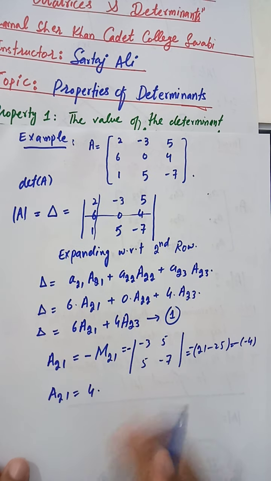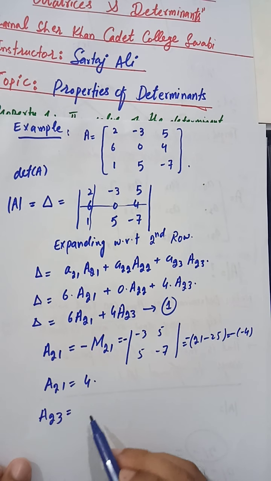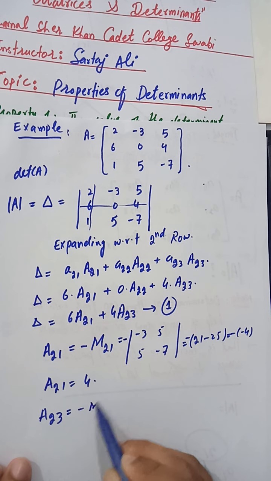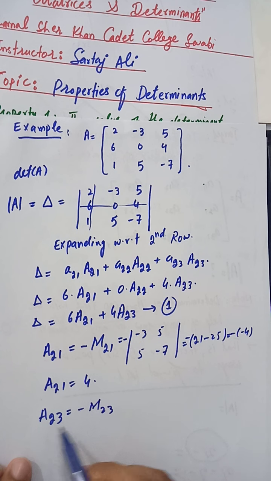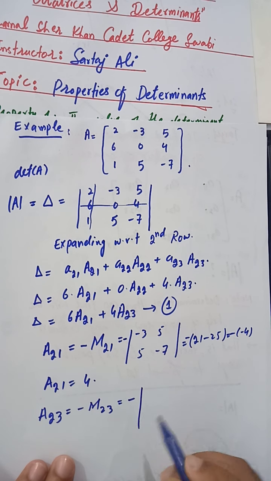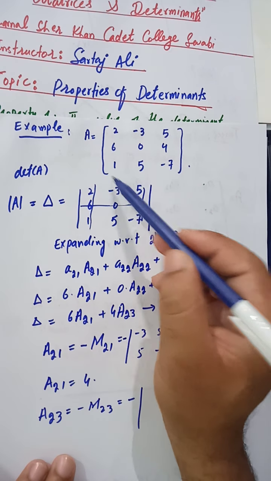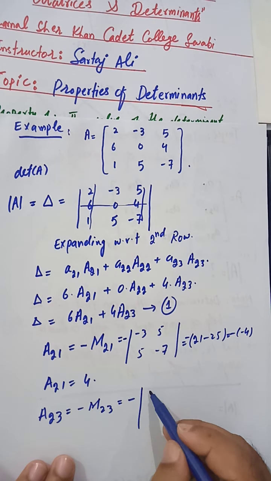And A23 will be equal to minus times M23, because 2 plus 3 is 5, which is odd, so this is minus. You need to cancel out the second row and third column, and take the determinant of the rest of the matrix.